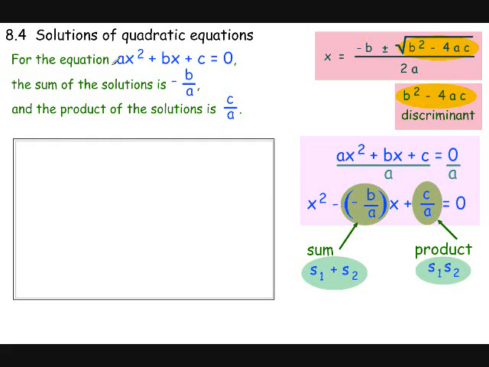For this equation, well, what have we got here? We've got the general form of a quadratic equation. The sum of the solutions is going to be equal to negative b over a. So if I've got x1, my first solution, well, how should I refer to it?